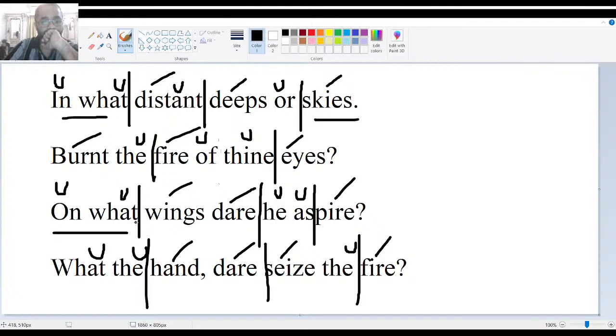Third line, first foot, pyrrhic, followed by spondee, and again pyrrhic. Fourth line, fourth foot is a pyrrhic, followed by a spondee.